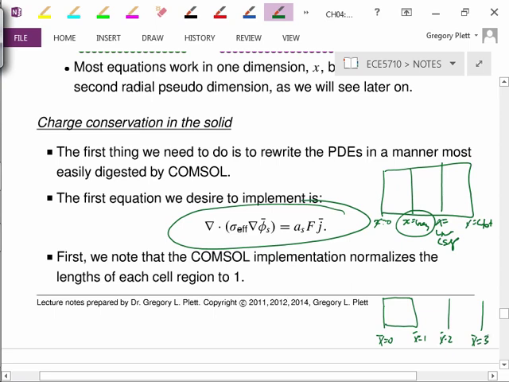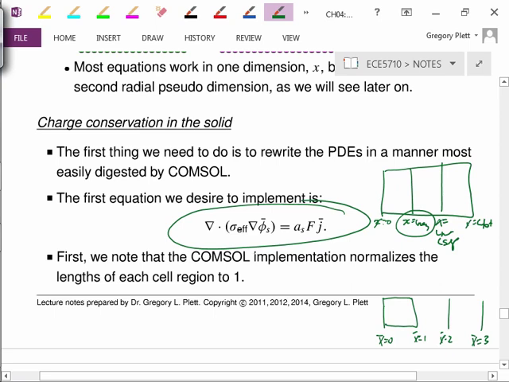So in COMSOL, it thinks that I've got a 3-meter wide cell, which I don't. So I need to adjust the equations to make the equations work with COMSOL's belief this is a 3-meter wide cell, and to provide the same answers as if it's the cell of the actual dimension I want to simulate.